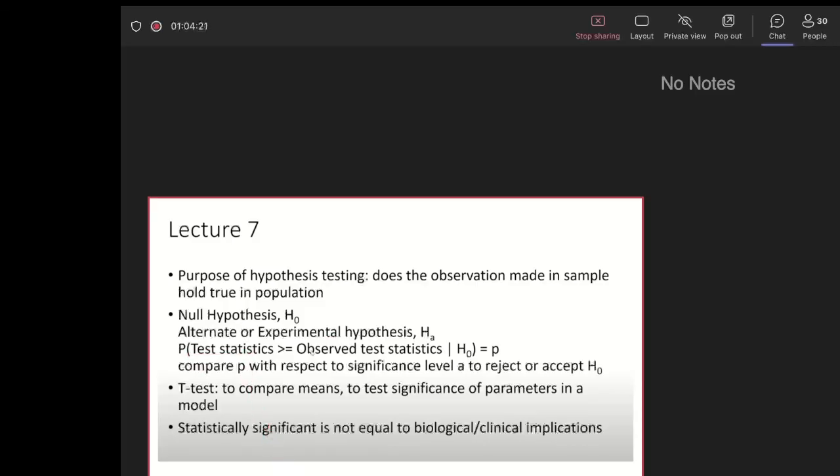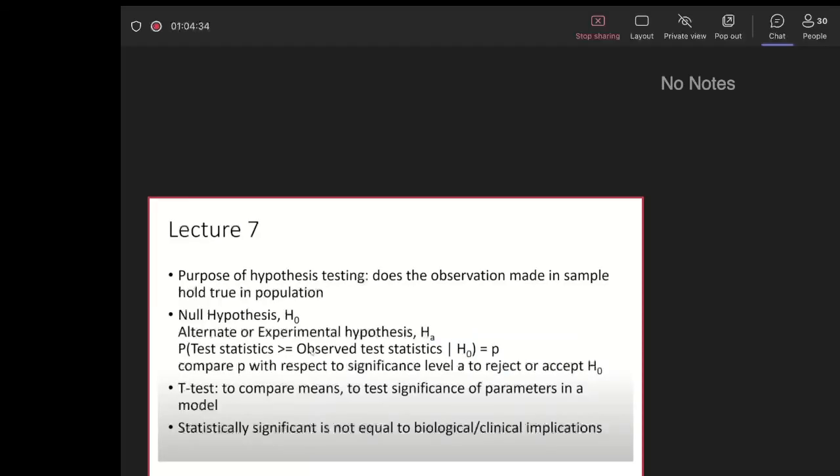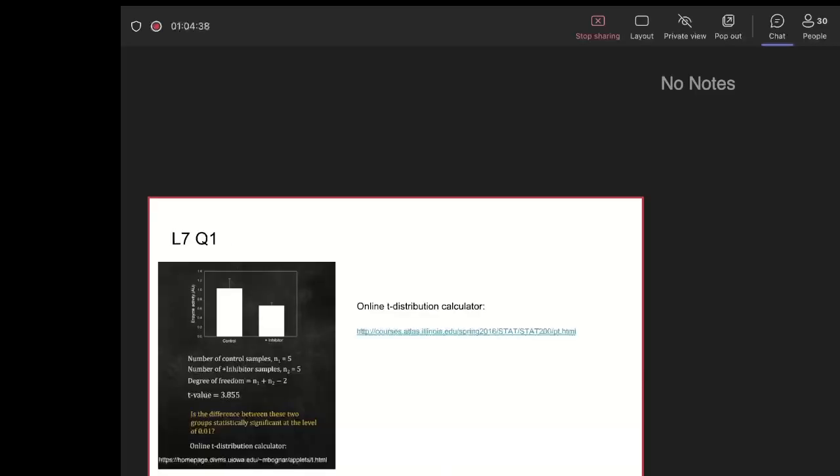Again, it will be easier to discuss this with a problem. So let's go to the question here. To find out whether this null hypothesis is statistically significant or not, we have to compute the test scores.